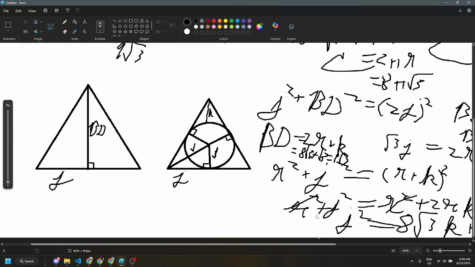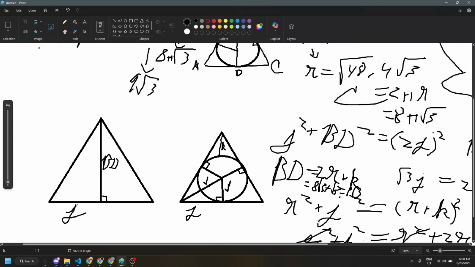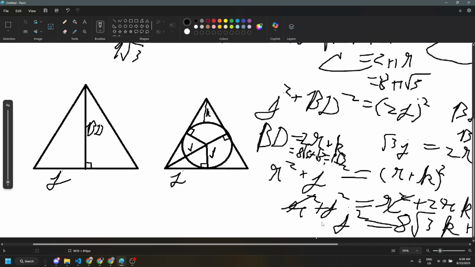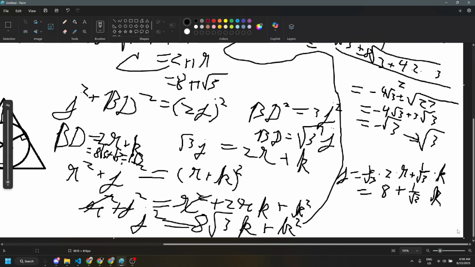And then finally the triangle is related to J, so BD is equal to 9 root 3, so J is equal to 9.